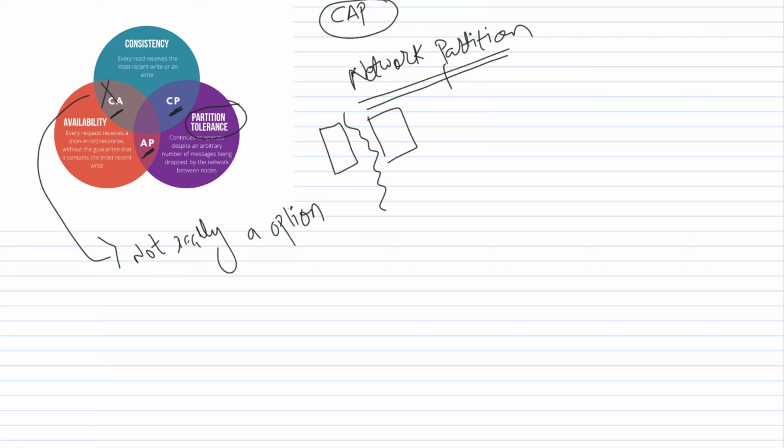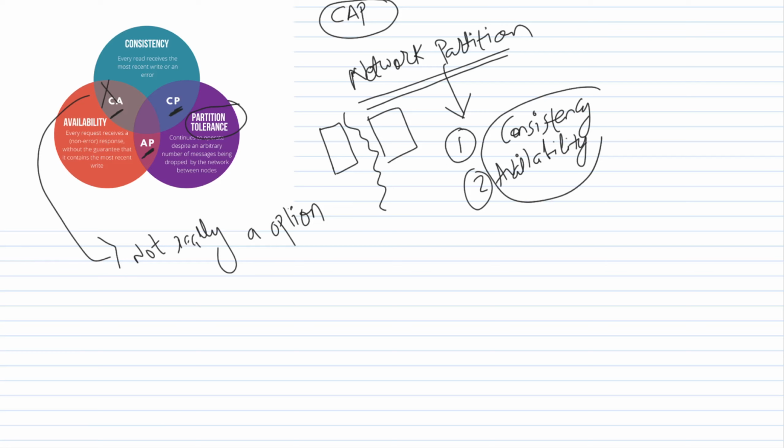So in presence of a network partition, a distributed system must choose either consistency or availability, right? Now let us think about why in case of a network partition you cannot have both consistency and availability, and you have to choose only one of them.